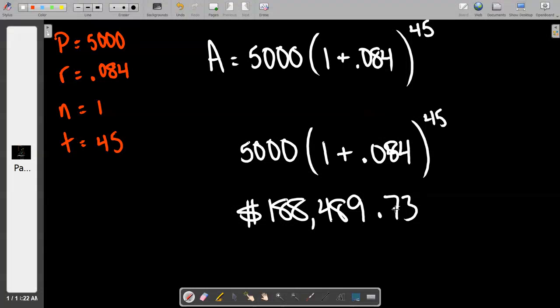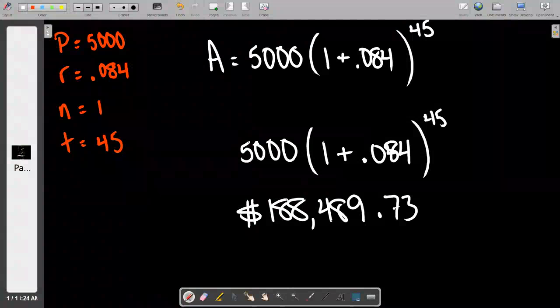Okay. Did those of us that found our exponent buttons come to consensus? Good. I'm going to pause this real quick while we have calculator shenanigans going on.